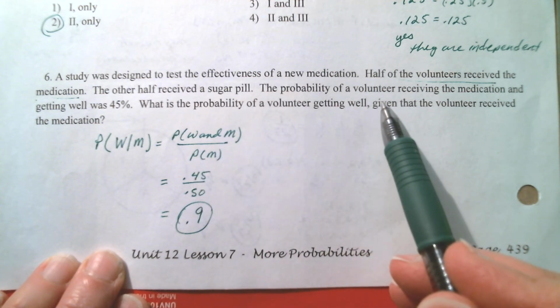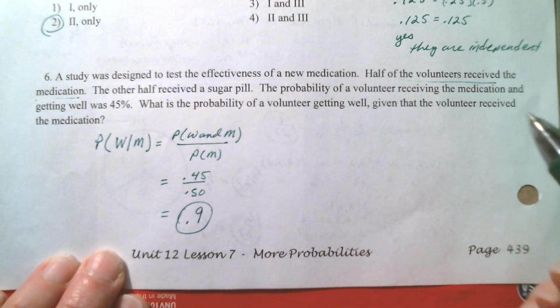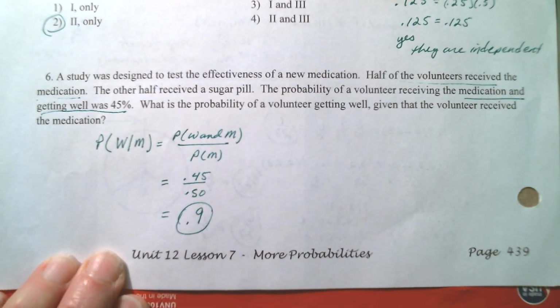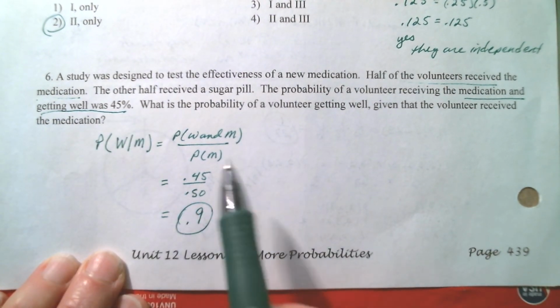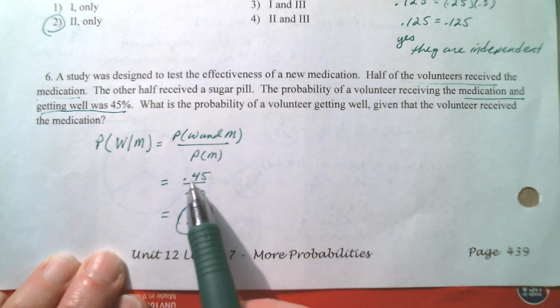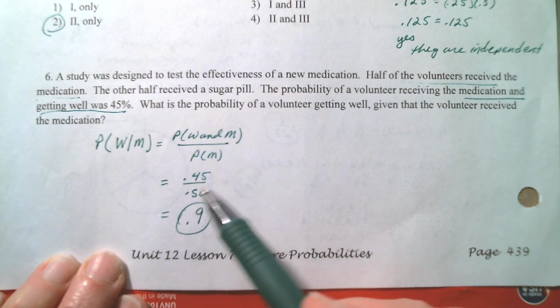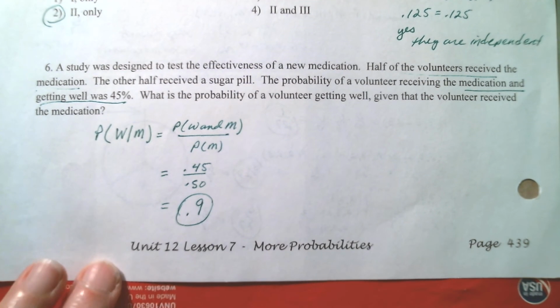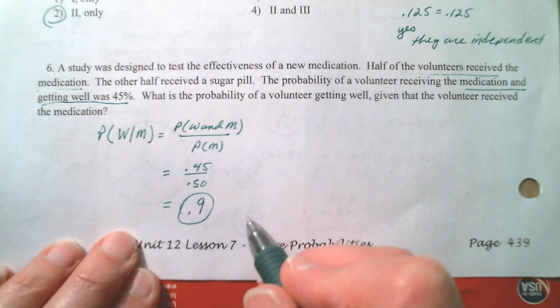And the probability of a volunteer receiving the medication and getting well was 45%. So well and medication was 0.45. 0.45 divided by 0.50 is 0.9. Or of course you could say 90%.